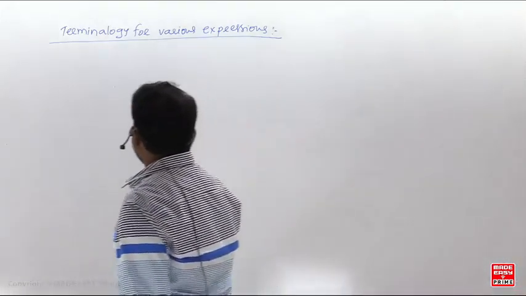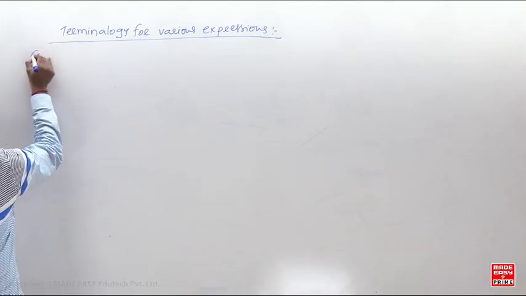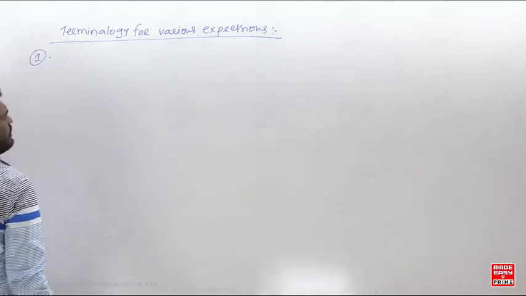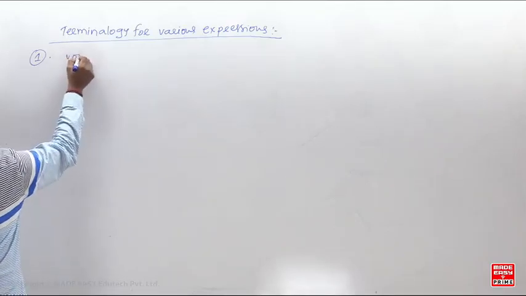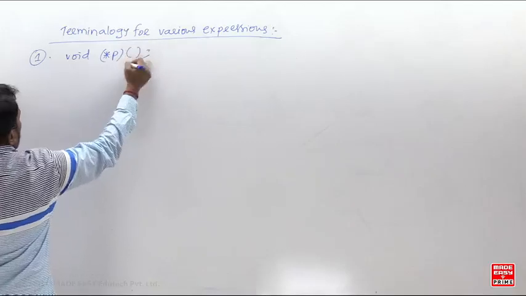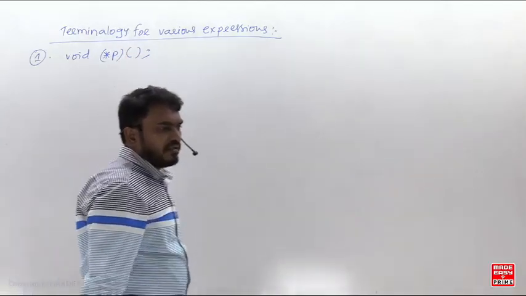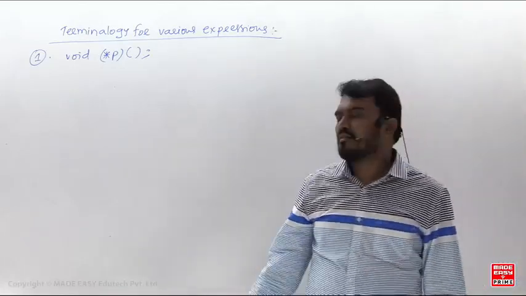So terminology for various expressions. Now look here, a declaration is there. What is the terminology you are going to say? The same thing, void star p, function. Copy this. What are you going to write? Write it down, speed up.